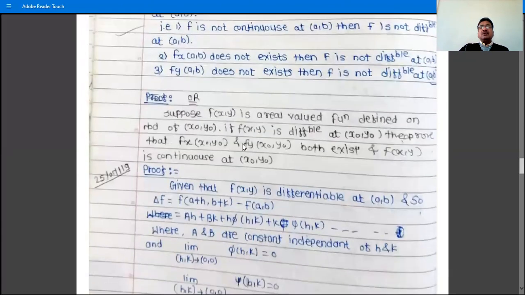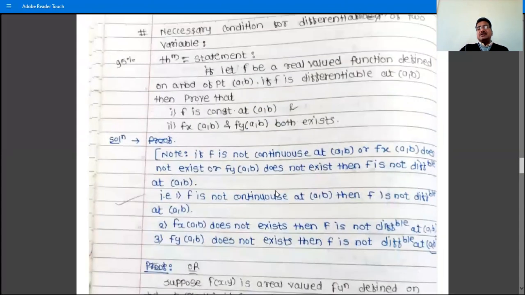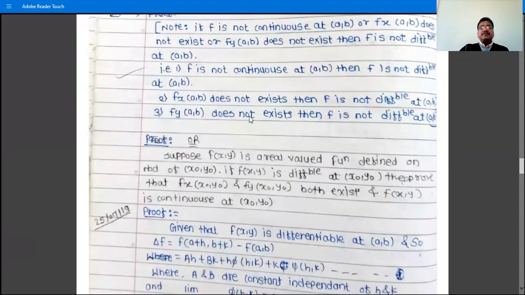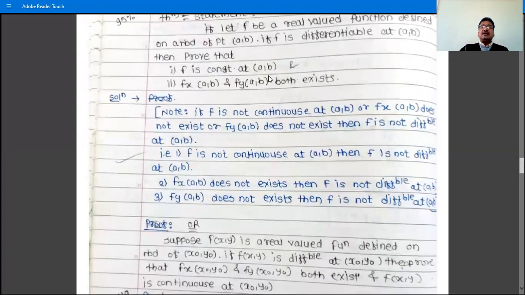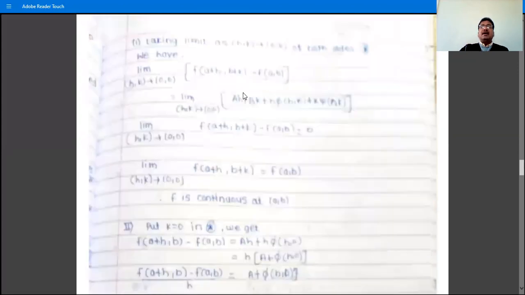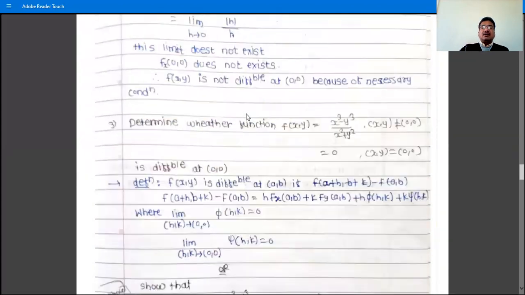These conditions are necessary, not sufficient. That is, if these conditions are not satisfied, then the function is not differentiable. But if the conditions are satisfied, suppose the function is continuous at (a,b) and f_x(a,b) and f_y(a,b) both exist, the function may still not be differentiable.